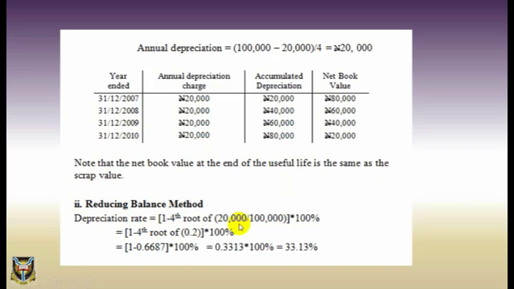Depreciation rate is equal to (1/4 root of (20,000 over 100,000)) times 100%, which is equal to (1/4 root of (0.2)) times 100%, which is equal to (1 minus 0.6687) times 100%, which is equal to 0.3313 times 100%, which is equal to 33.13%.